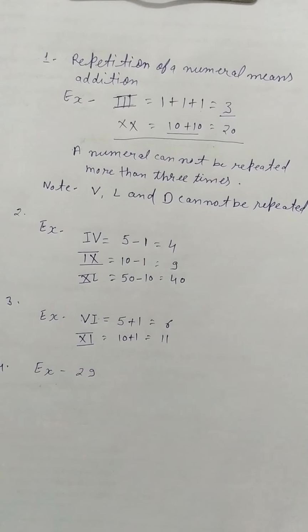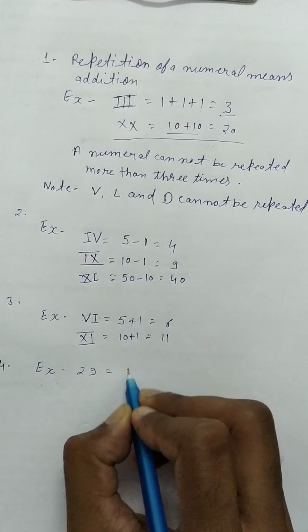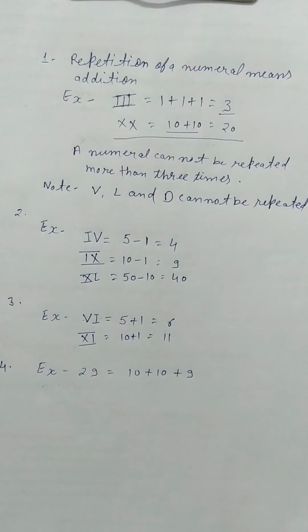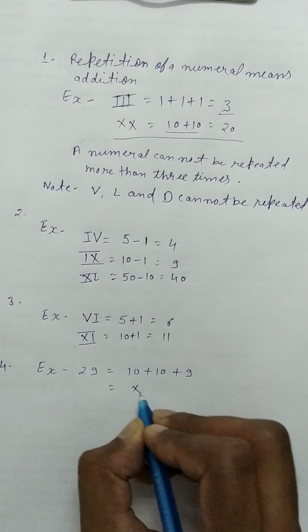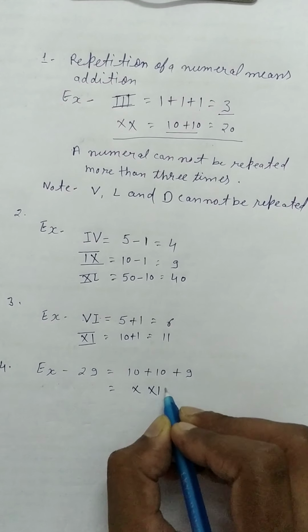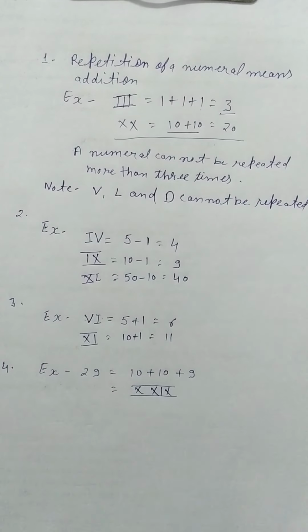So first split the number in the form of tens. Split the 29: 10 plus 10 plus 9, because 9 cannot be split in the form of tens. So 10 plus 10 means XX, and 9 means IX. This is the 9. We can write 29.